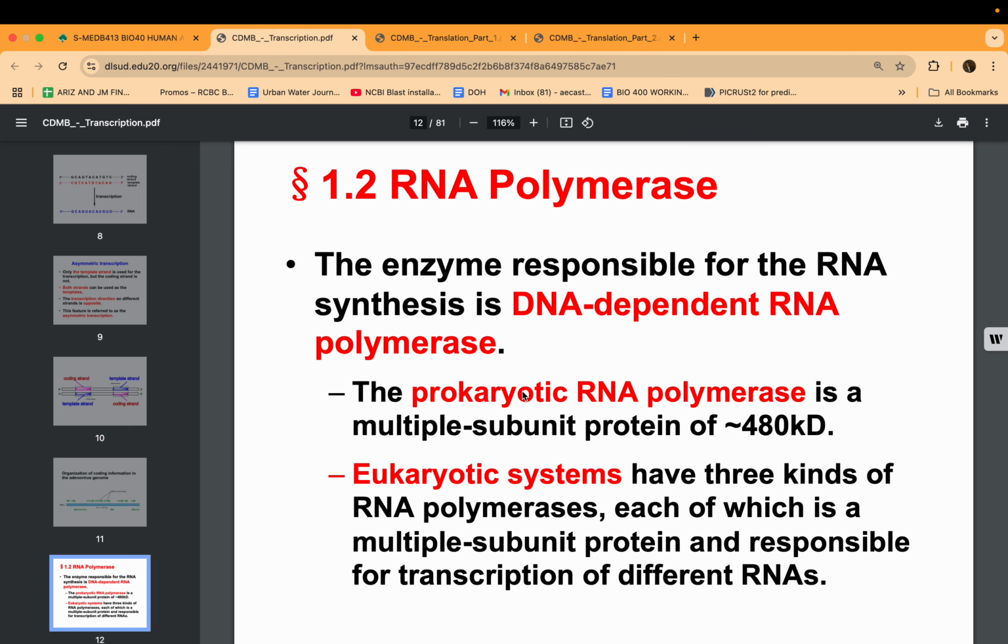So here is the RNA polymerase of the bacteria E. coli, which is a holoenzyme. Take note of the subunits and their specific functions. Now for eukaryotes, take note of the following.